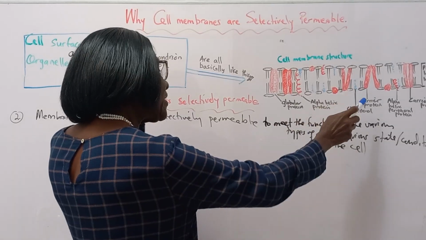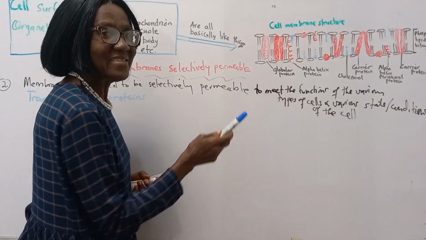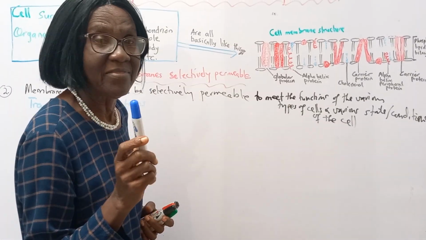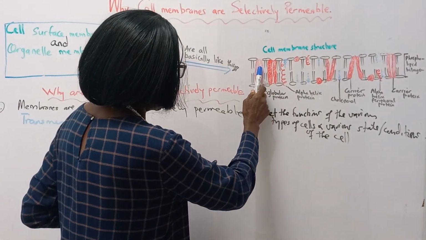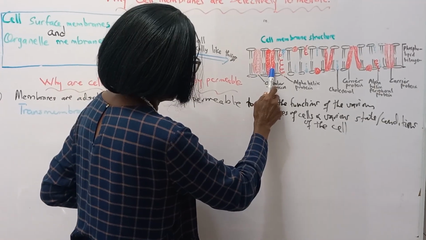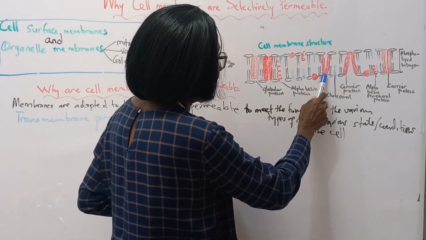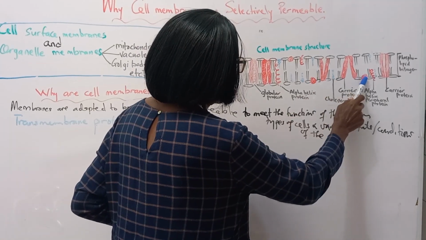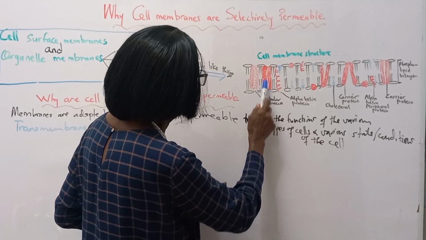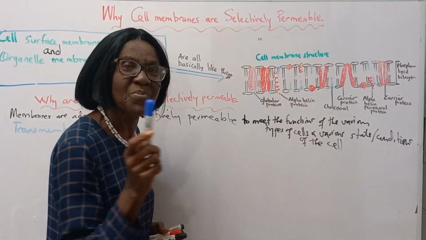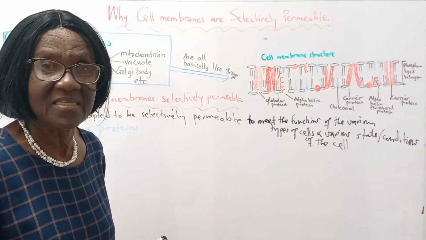So this membrane has transmembrane proteins that are specific in the substances they carry. You have this globular protein, this channel protein, this an alpha helix protein, this a carrier protein, and these are globular or peripheral proteins. But these transmembrane proteins are specific, so they are selective in the substances they transport.